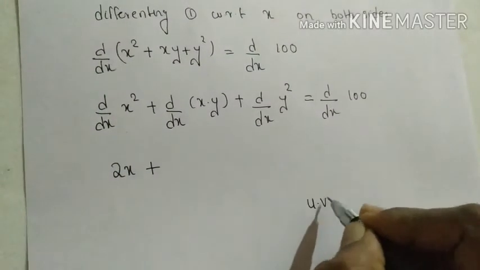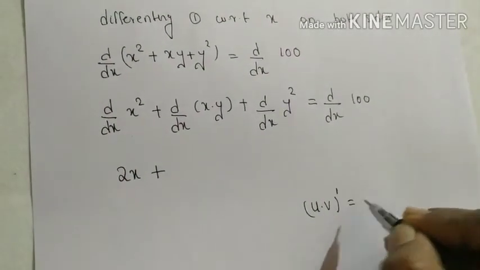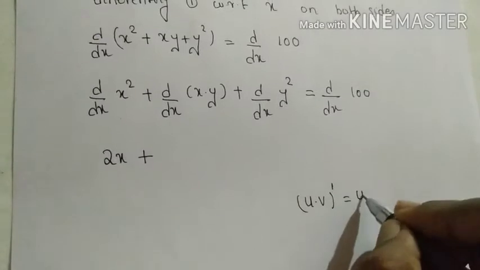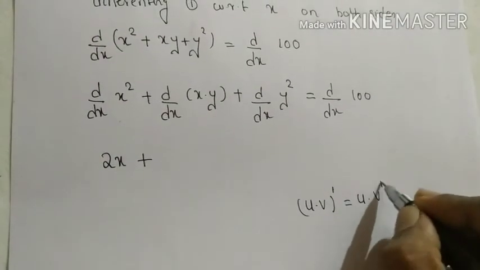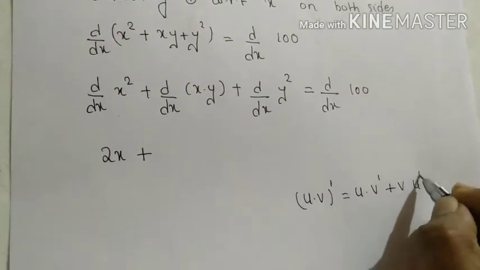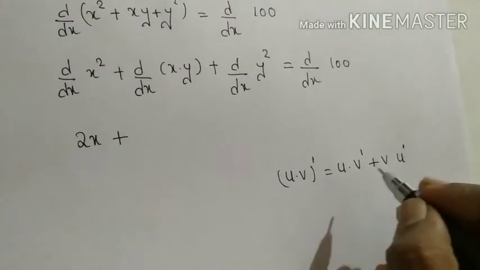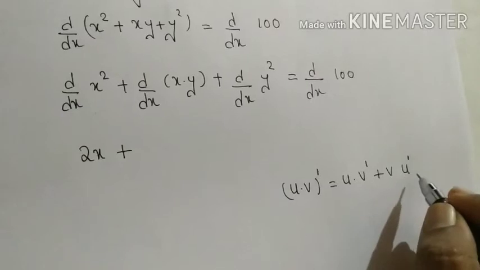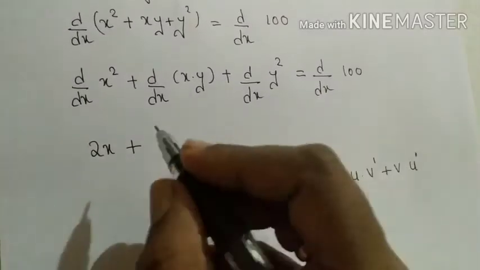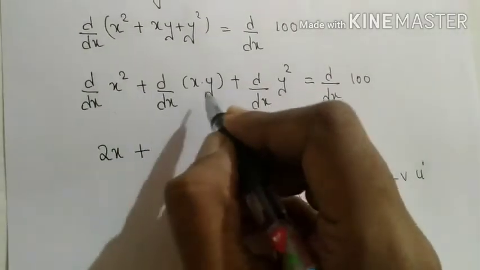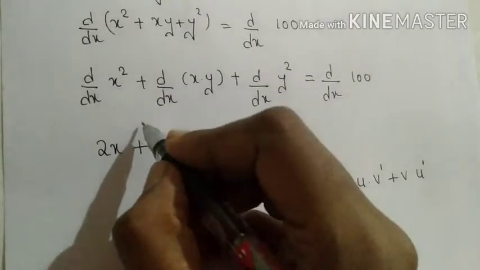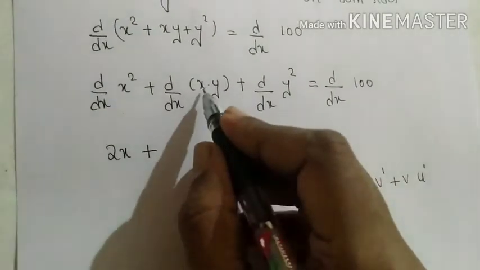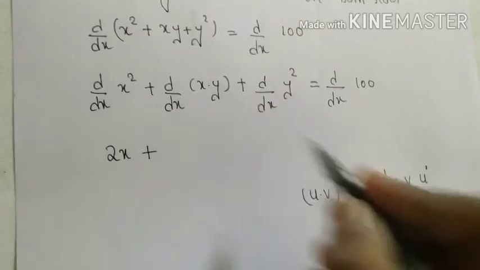u into v whole dash equal to u into v dash plus v into u dash. That means first function into derivative of second function plus second function into derivative of first function. Derivative of x into y: the first function is x and the second function is y.